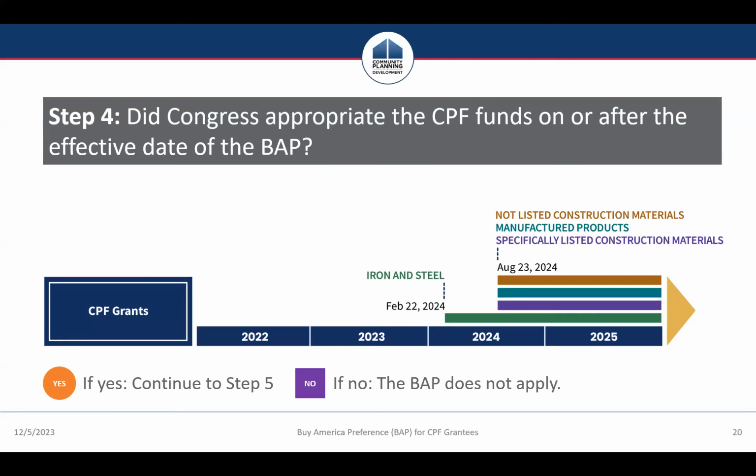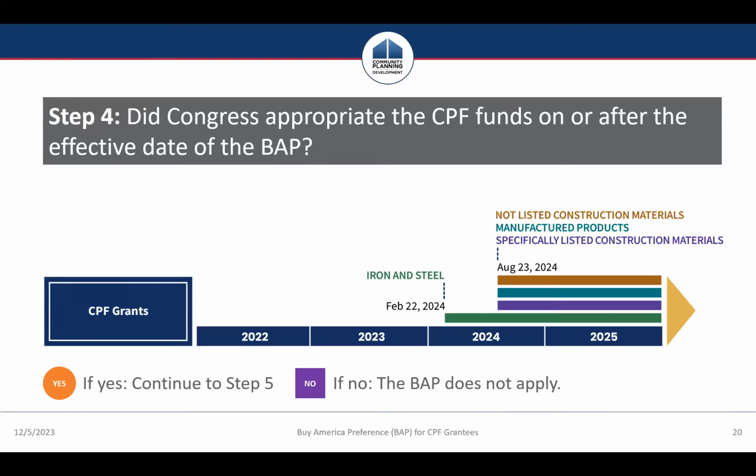Step 4, right? We just saw this chart, but did Congress appropriate the CPF funds on or after the effective date of the BAP? So again, for FY22 and FY23 CPF grants that aren't connected to FY24 or FY25 grants or other federal funding, the BAP wouldn't apply.